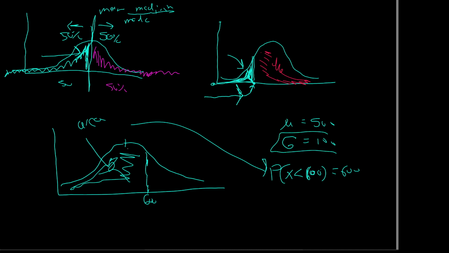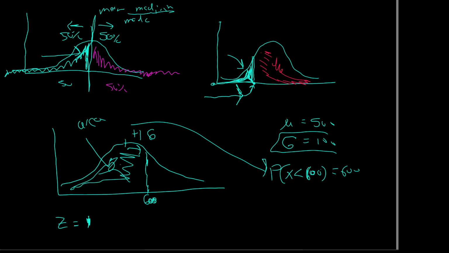So from here to here is plus 1 standard deviation, and that means the z-score would equal 1. And so 600 has a z-score of 1, and we want to find the area underneath the curve up to a z-score of 1.